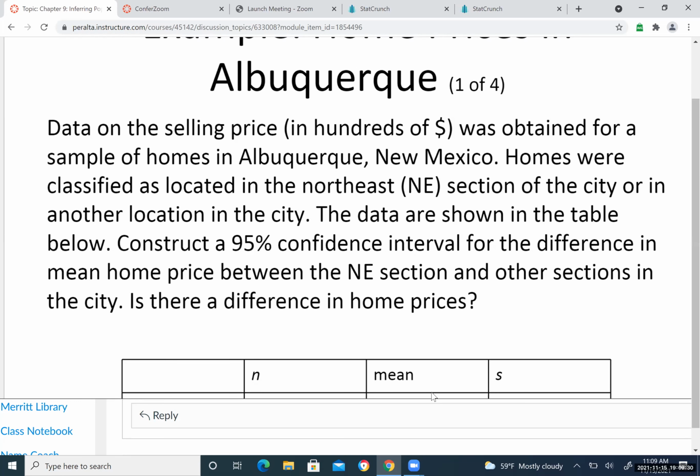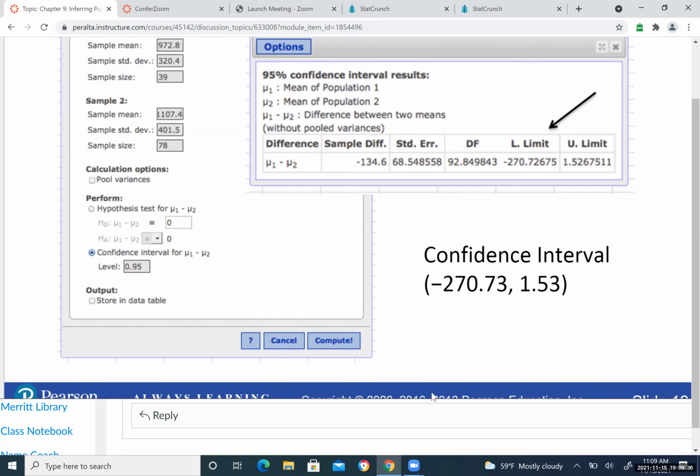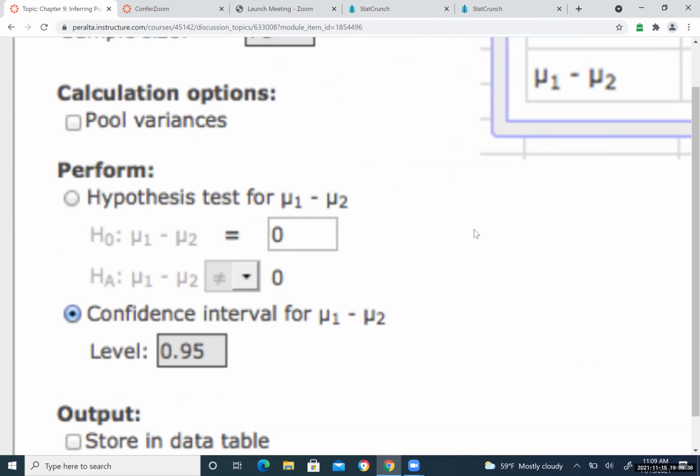You see the word difference? This means two tails. This is not equal to. You just click on the first box here, click here instead of the confidence interval, and you put not equal to, then you're done. Very simple when we're using StatQuant.